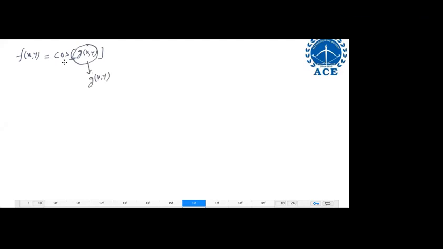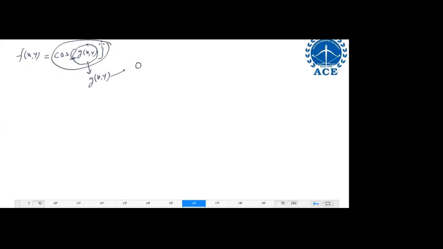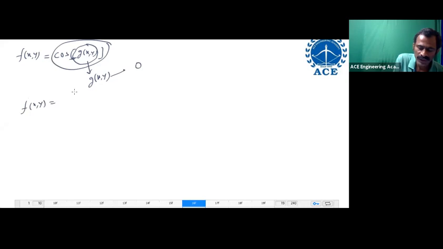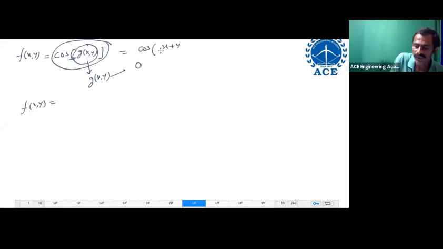For any transcendental function like this, only if g of x comma y is a homogeneous function with degree 0 will the total function be a homogeneous function with degree 0. Otherwise, it is not a homogeneous function. For example, f of x comma y equal to cos of (x plus y) divided by (x square plus y square).